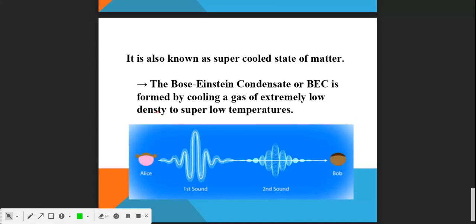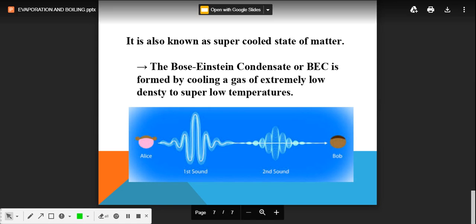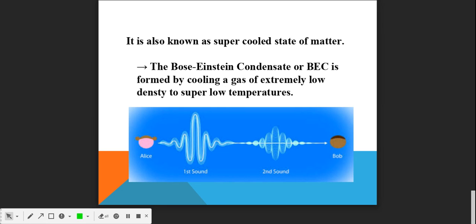So what does it mean? Suppose, focus here. This is a gaseous particle, an ionized particle, that is traveling at a certain speed, and when it goes to a temperature less than minus 273 degrees centigrade, right? So what will happen?